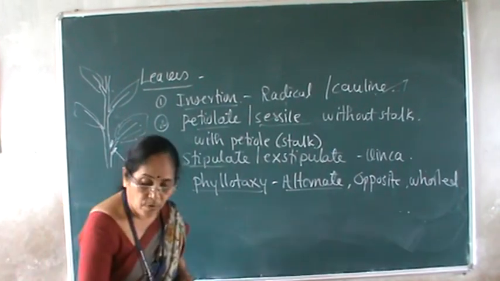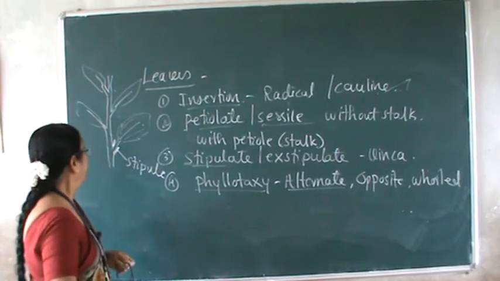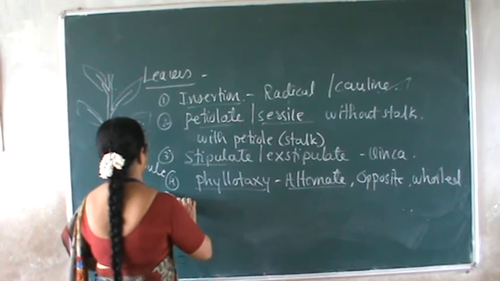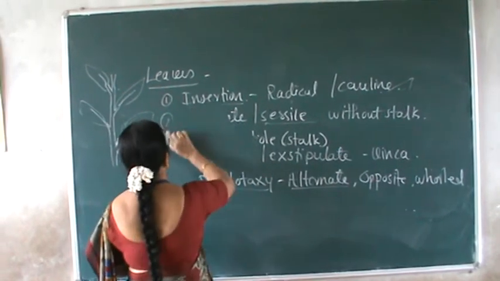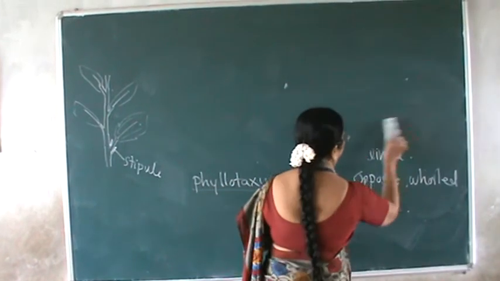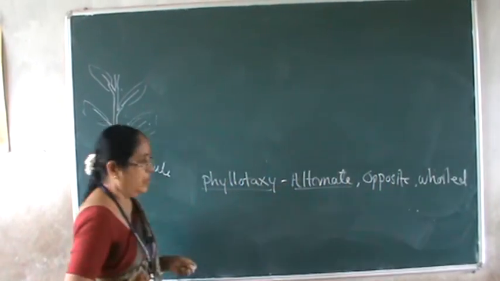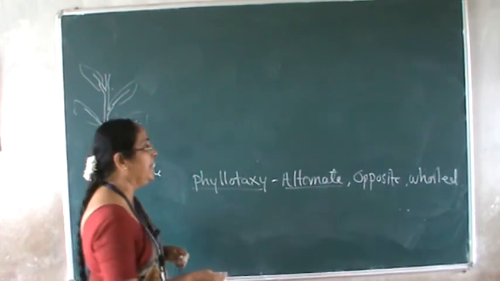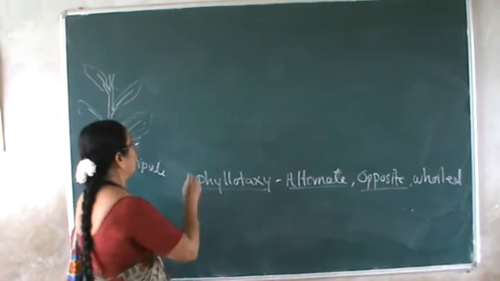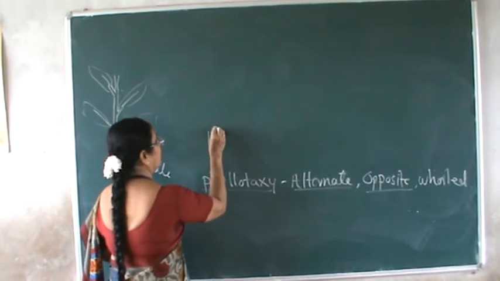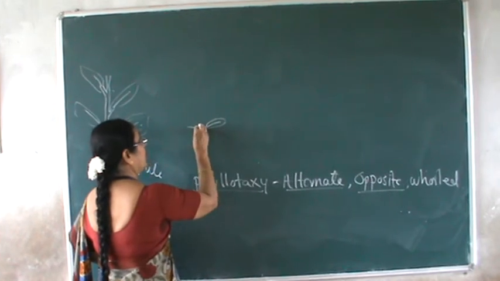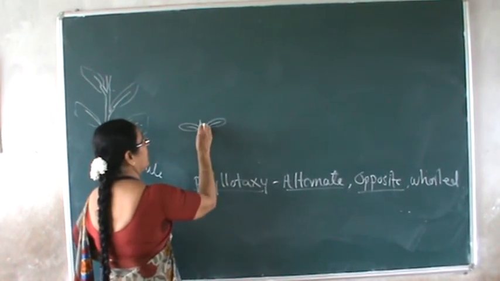The second type, opposite kind of phyllotaxy. Opposite, the word itself gives the meaning. Two leaves which are quite opposite to each other. So this is the first node, one leaf, this is another leaf.